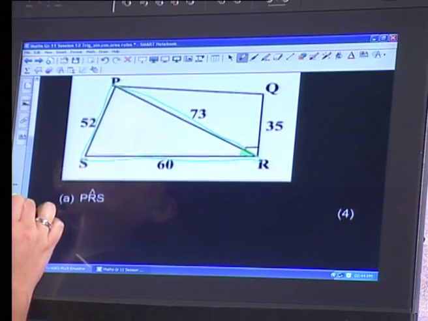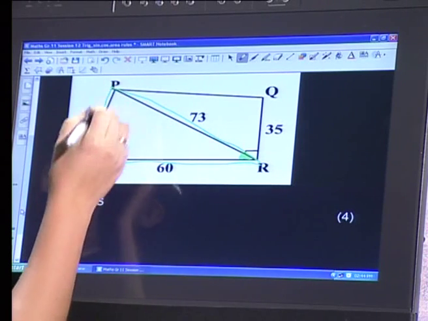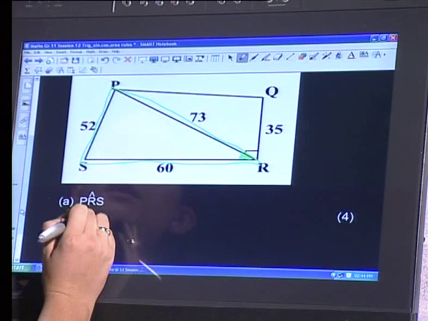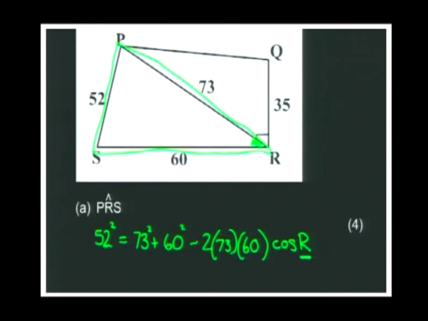We're going to begin by using, because this is our unknown angle, our opposite side, which is going to be PS. So we would begin here by saying 52 squared is equal to PR, which is 73 squared, plus SR, 60 squared, minus 2 multiplied by the 73, multiplied by the 60, and then cos of my angle, which is going to be R, and that, of course, is my unknown.